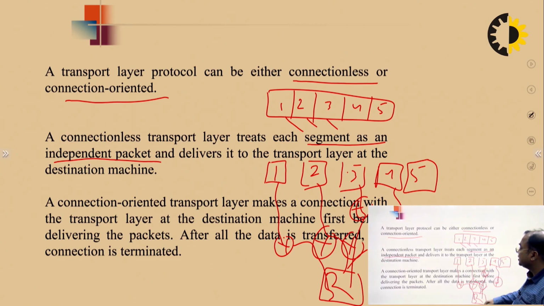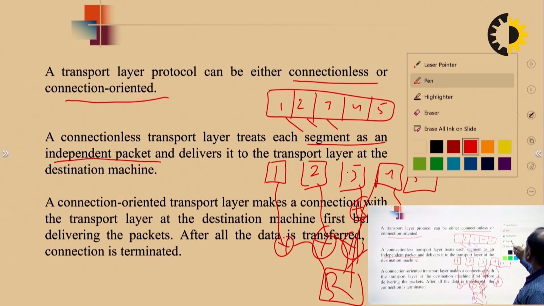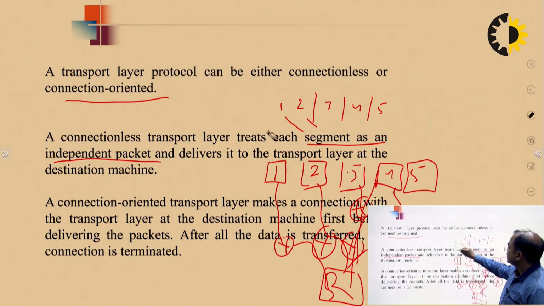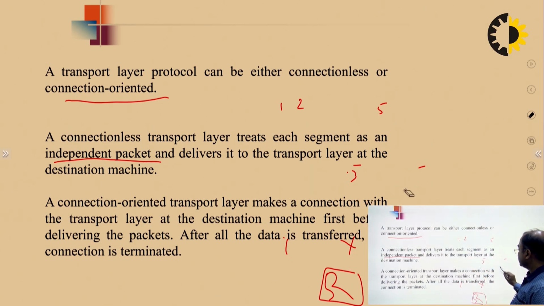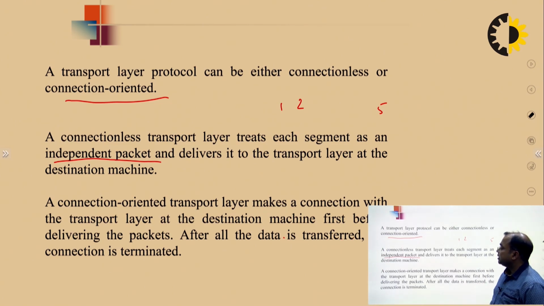So this is what happens in a connectionless transport layer. It just divides the data into segments, each segment is independent, and each is responsible for being delivered to the transport layer at the destination machine.